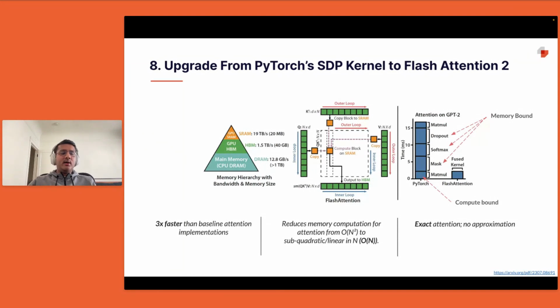And the thing that I did want to bring up is, on the left is a really good example of how GPU memory hierarchy is built out, where you have main memory, which is like CPU memory, right? It has DRAM, which is pretty fast in itself. But then you have GPU, I think it's called high bandwidth memory or HBM, which is a tier above. It's a lot faster.